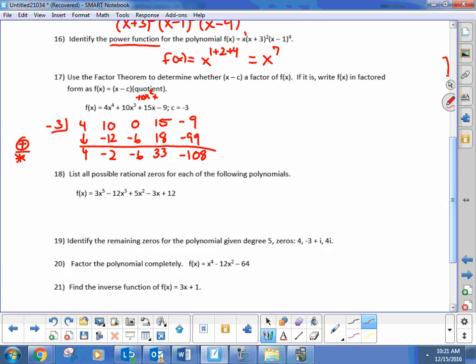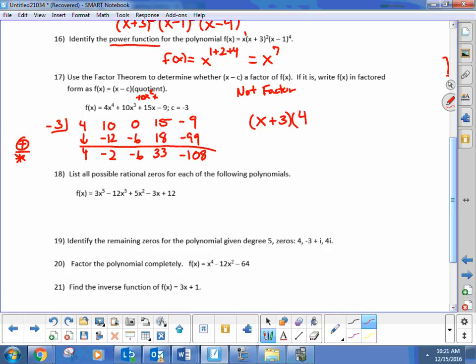Is the last part. So this one has a remainder. It's not a factor, but they still want you to write it in this form. So if that's true, then we're going to do this. It's x plus 3. And then, remember, you always start one less power because technically what we did is we divided.